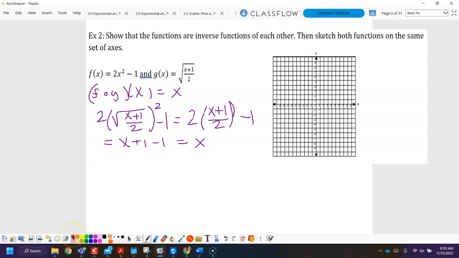So f of g of x equals x. You have to also show g of f of x equals x.